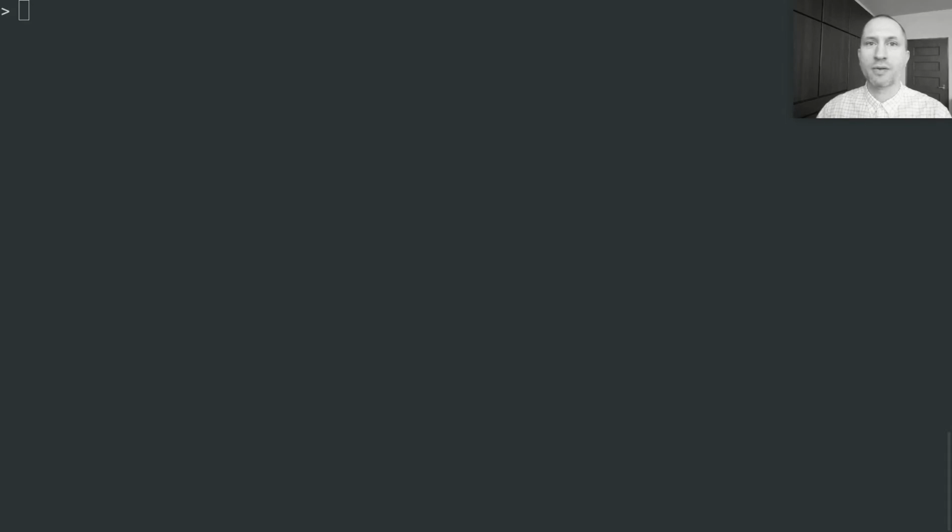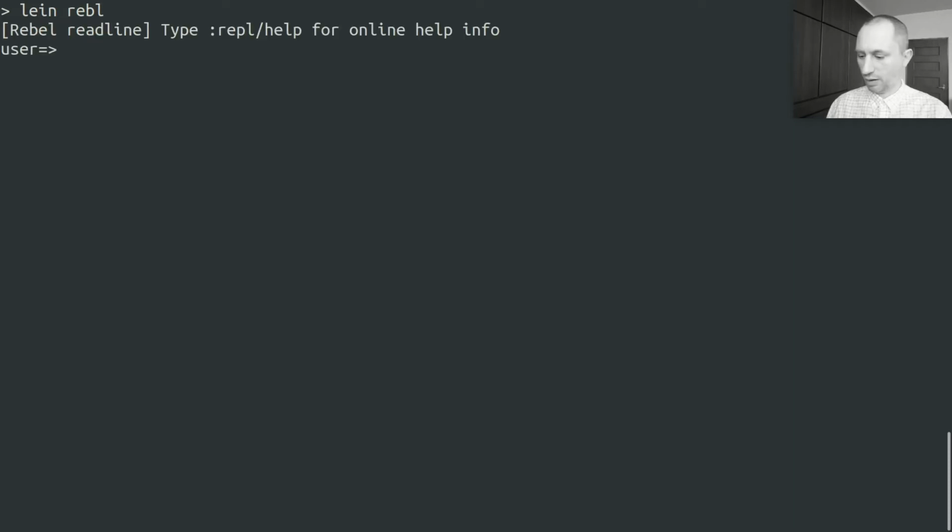Okay, so let's fire up a repo. And the first thing to figure out what's going on is, well, actually, let's just copy paste it there. So it was something like iterate, and we composed inc with division, and we took one.